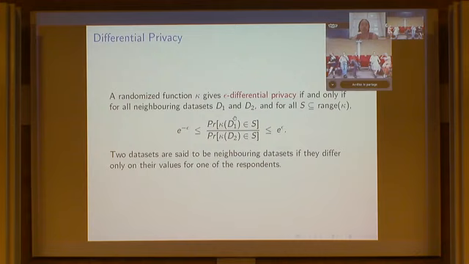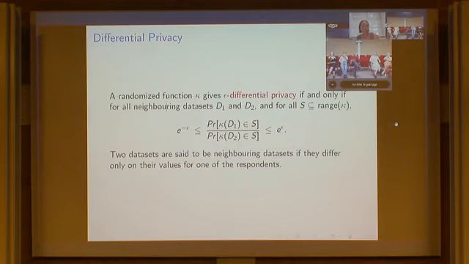You want to make sure that whatever function you apply to these data sets, you want that function not to depend too much on the specific data set. So you want the probabilities of the outputs to be very similar if you have similar data sets. That's differential privacy in a nutshell.